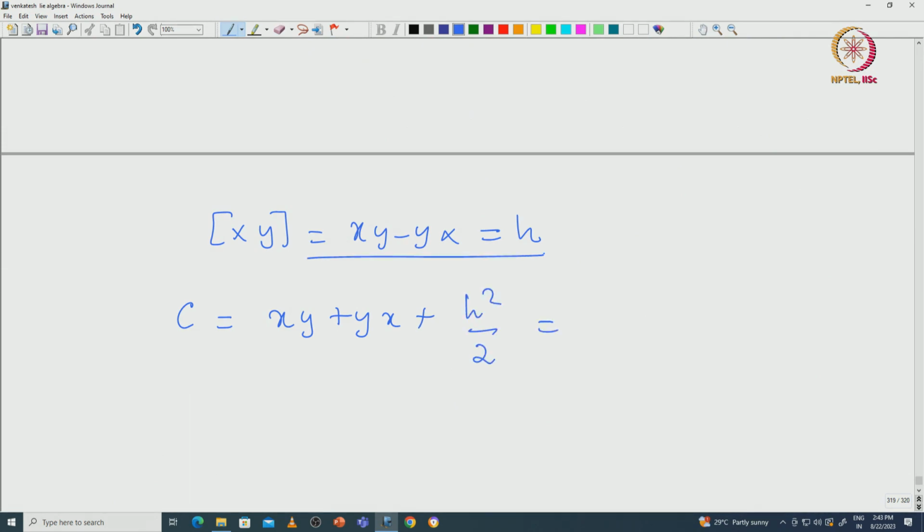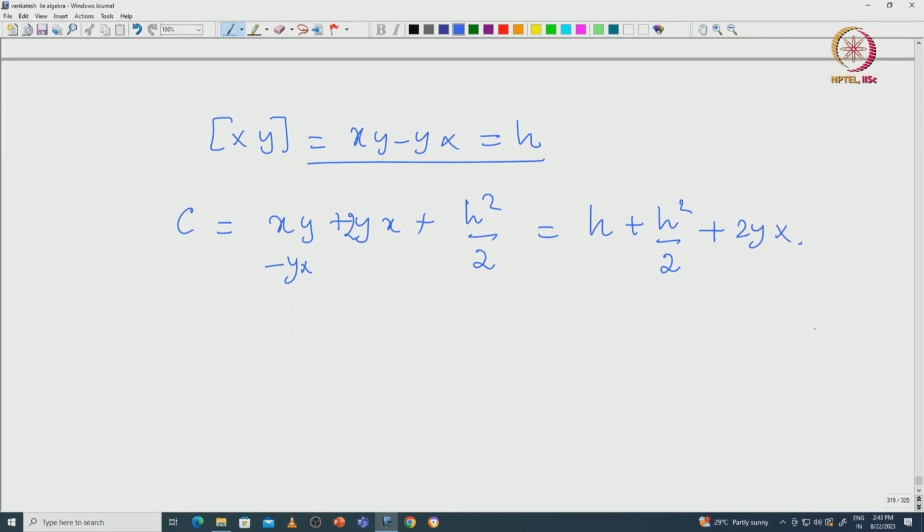So, if you use this relation, already you can add and subtract. You add y x and then you subtract y x. So, it is going to give me h plus h square by 2 plus 2 y x. So, this is somewhat a much simpler form. Maybe one can use this simpler form to compute.